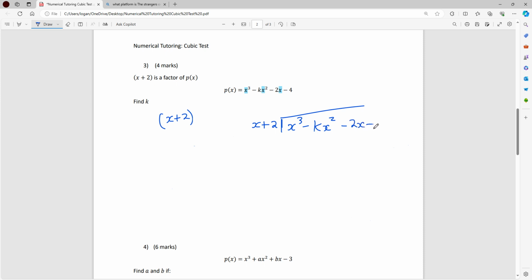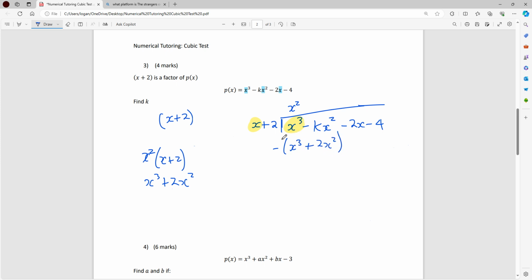Minus 2x minus 4. Righto, so first of all, same thing with the long division. So you just go this term divided by this term. So that's going to give you x squared up here. And then you get x squared times by x plus 2, which gives you x cubed plus 2x squared. Okay. Then you pretty much go down here. So it'll be subtract x cubed plus 2x squared. Okay.